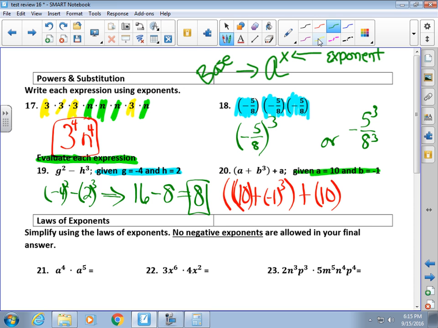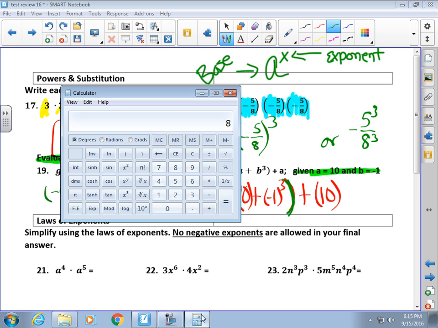Switching colors. So I got to do what's in here first, all right? And I have an exponent in there. So negative 1 to the third power, all right? Parenthesis, negative 1, close parenthesis, to the third power. It's negative 1.